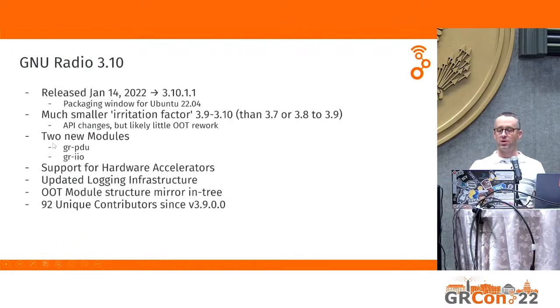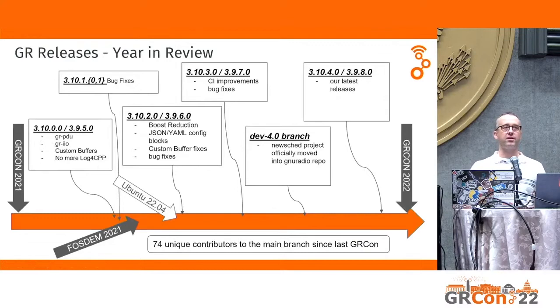GRIIO, which brought in support for IIO devices from Analog Devices. And we got a lot of support in upstreaming that from ADI. And it also brought in this custom buffers feature, which we've talked about a lot. This is a feature that streamlines the data movement in and out of accelerators and makes it much easier for GNU Radio to work in these heterogeneous environments.